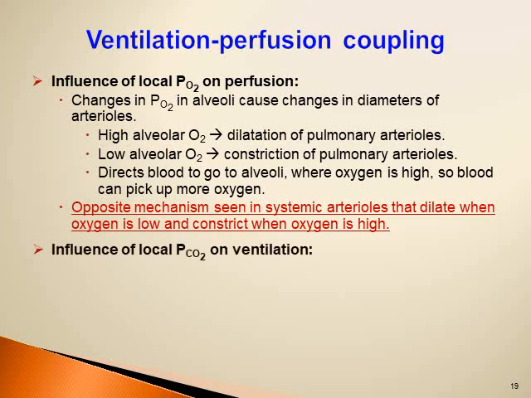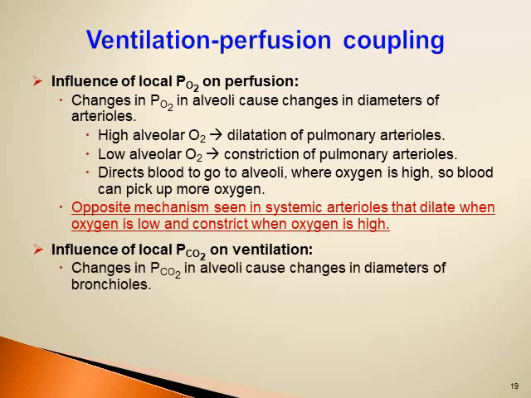What is the influence of partial pressure of carbon dioxide on ventilation? Changes in partial pressure of carbon dioxide in alveoli cause changes in the diameter of the bronchioles. High alveolar carbon dioxide will cause bronchodilation.